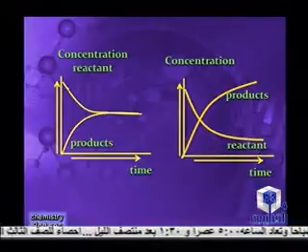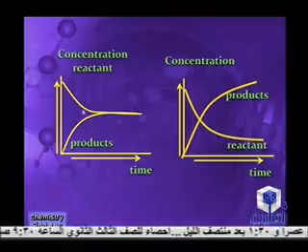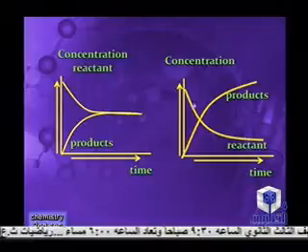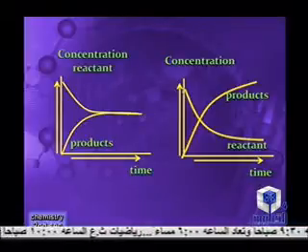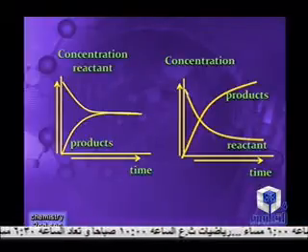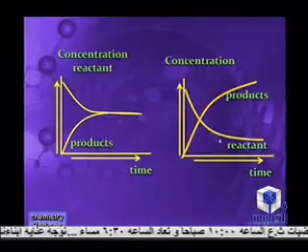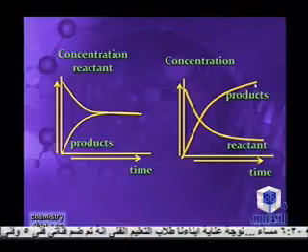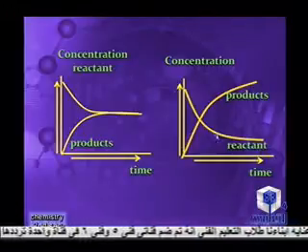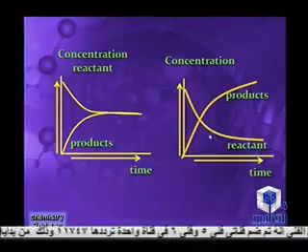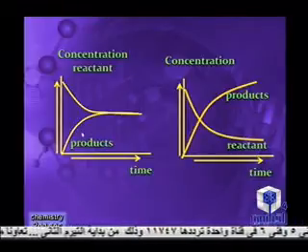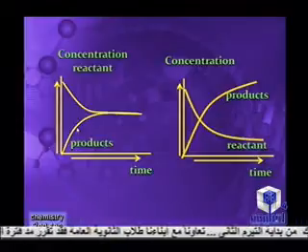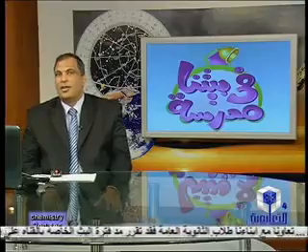Here, my dear students, reactants and products after the reaction still remain in the medium of reaction, while here, if we start with reactants, their concentration or amount decreases gradually, while the products increase gradually. So this is a complete or irreversible reaction, while this type is called, yes, excellent, my dear students, a reversible chemical reaction.